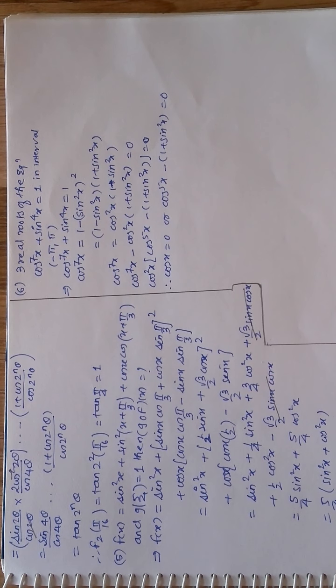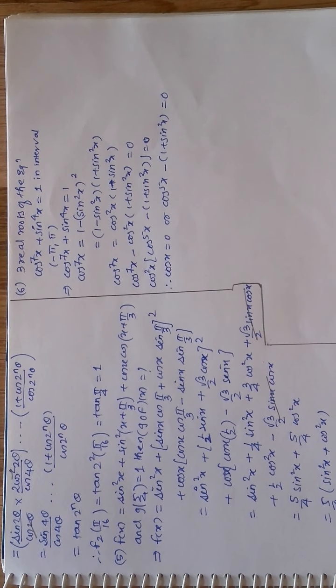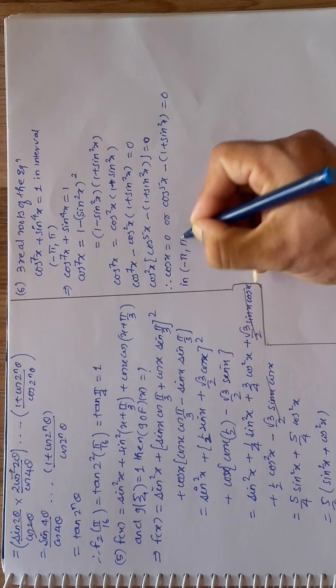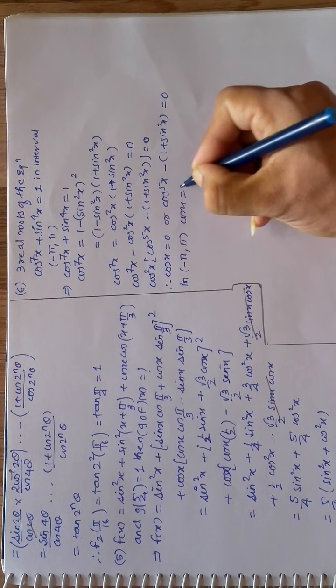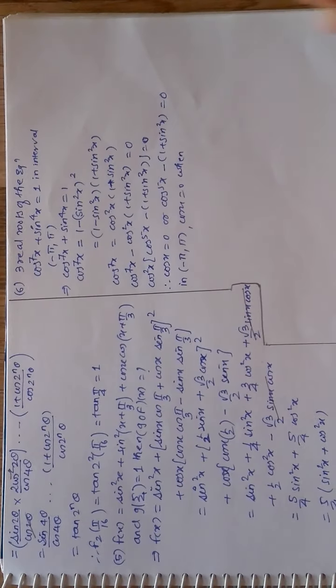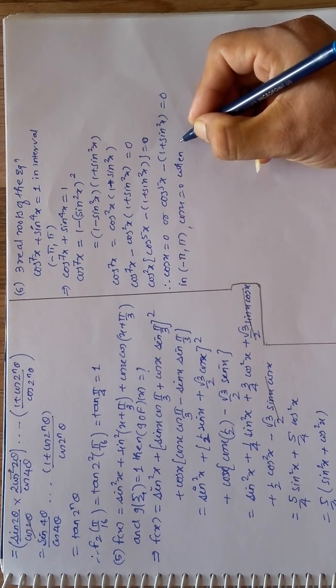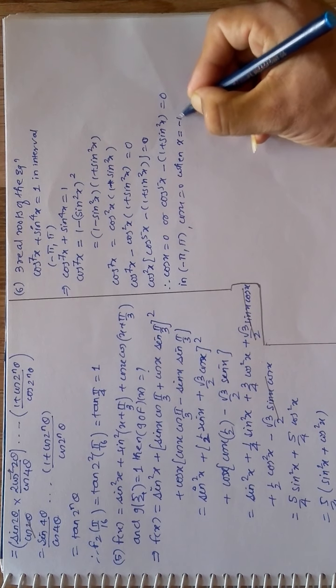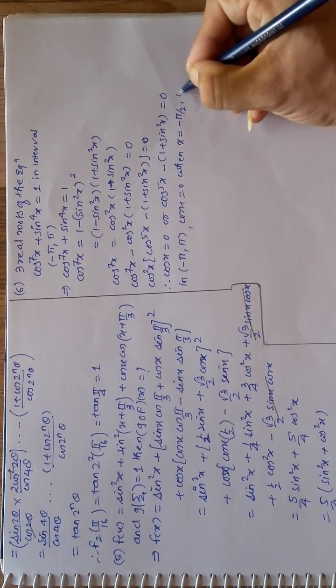Right? Now let us see the conditions over here. When cos x is going to become 0 in the open interval of minus pi to pi, cos x is equal to 0 when x is equal to minus pi by 2 and pi by 2.